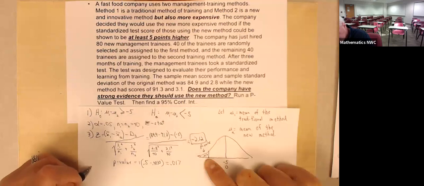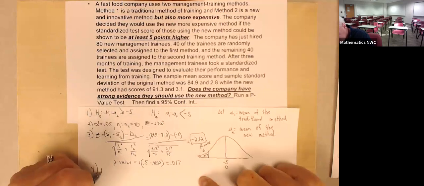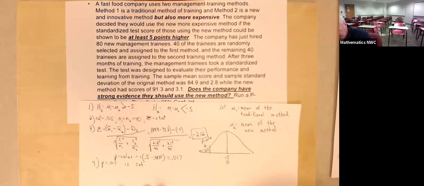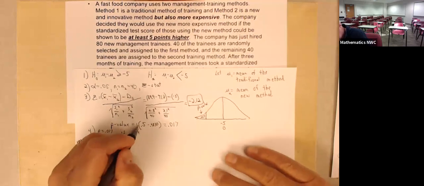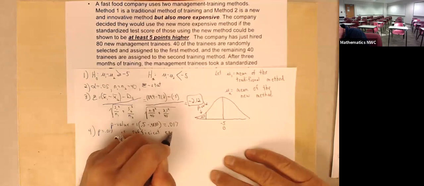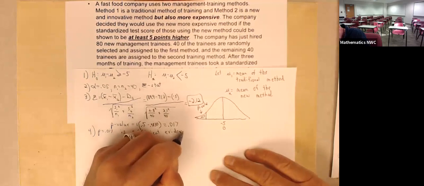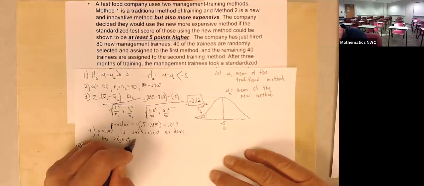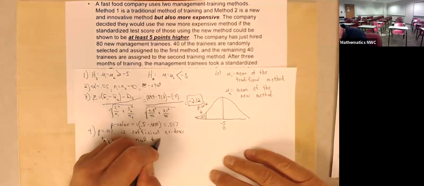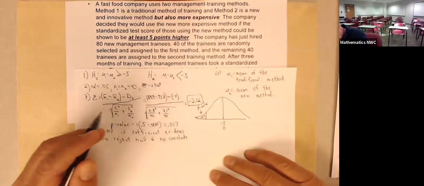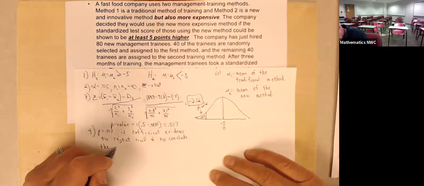So I state here in step number 4, I state p equal to 0.017 is sufficient. I'm going to slide this up so you can read it as I go. Sufficient evidence to reject the null, and now conclude the new method.